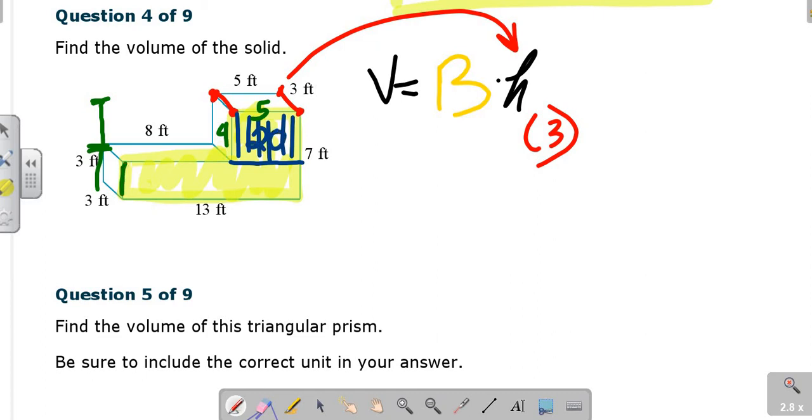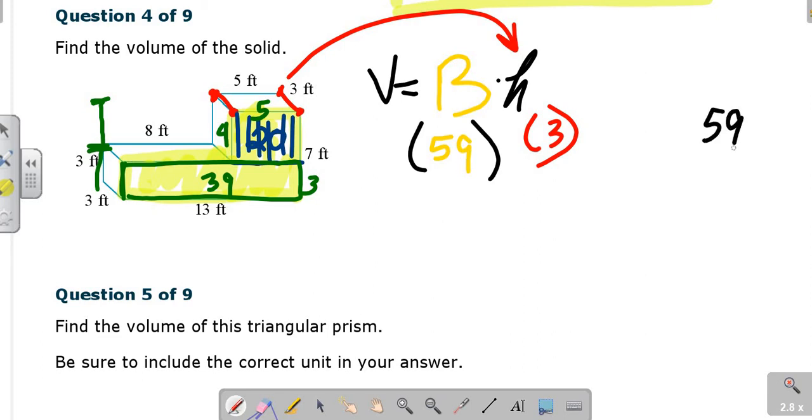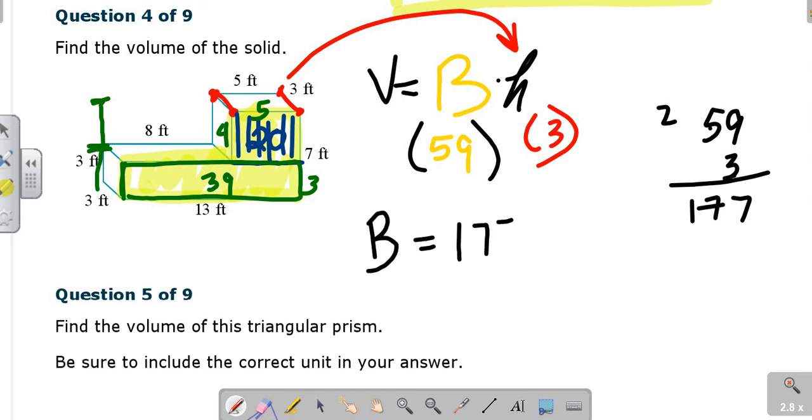And then I come down here, and this is 3 times 13, that's 39, which means my complete base is going to be 59. So it's 59 times 3, and my base volume is 177 feet cubed.